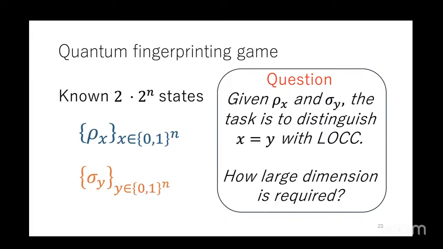Usually we do error correction first, but we don't know the exact error rate. So in that case, we need to check whether there is any error or not. In order to do this, people exchange the hash value of that one. In that case, the amount of communication is not so large.